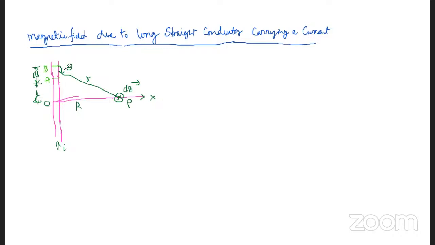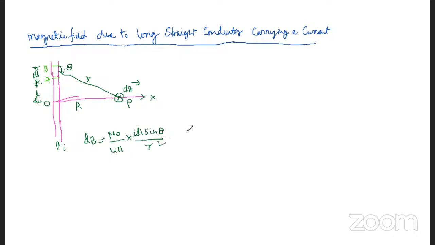point P. The magnitude of the field dB due to the element at a point P is given by, due to the small element DL at the point P, the magnitude is given by. Already we have derived in the Biot-Savart law that dB is equal to mu naught by 4 pi into IDL sine theta by r square.